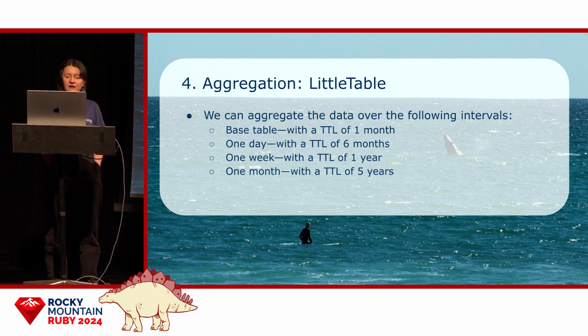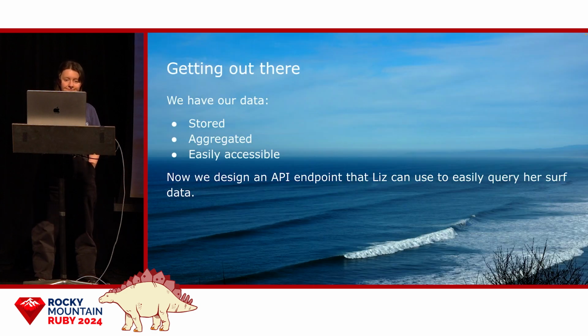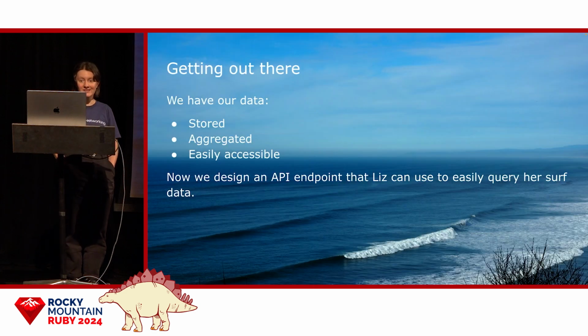From there, we can also aggregate data up to the week and the month so that it's easier for Liz to track seasonal and annual trends. This leaves us with a base table with a TTL of 1 month, a 1-day aggregate table with a TTL of 6 months, a 1-week aggregate table with a TTL of 1 year, and a 1-month aggregate table with a TTL of 5 years. Whew, the hardest part is over.